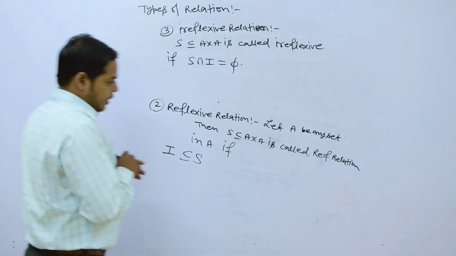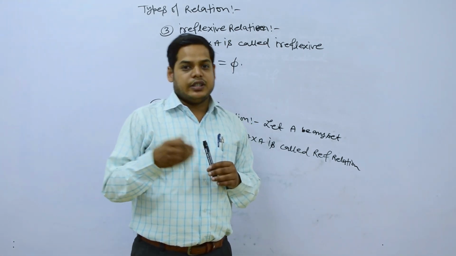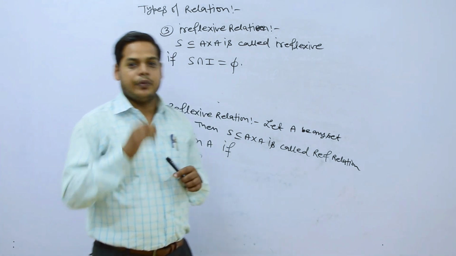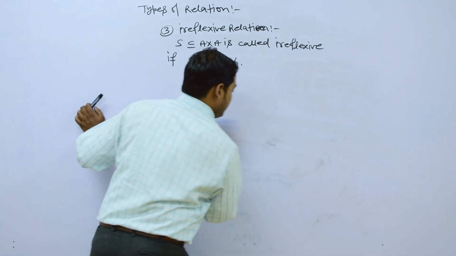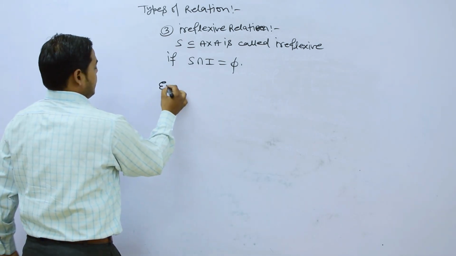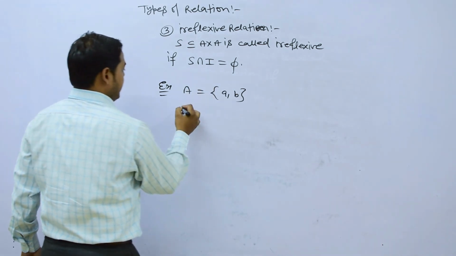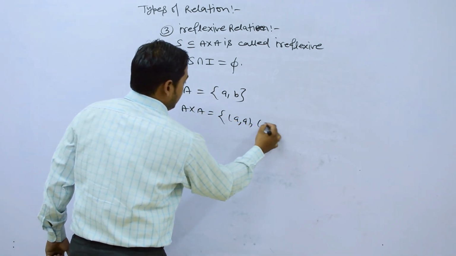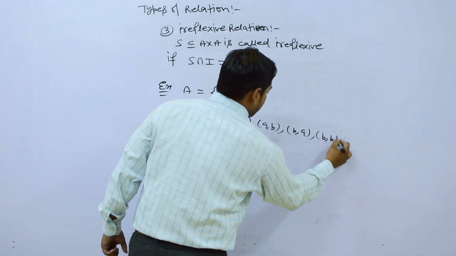Now here we observe that every identity relation is reflexive, but every reflexive relation need not be identity. We can see it by an example. Suppose we take A with two elements a and b, then A cross A contains (a,a), (a,b), (b,a) and (b,b).